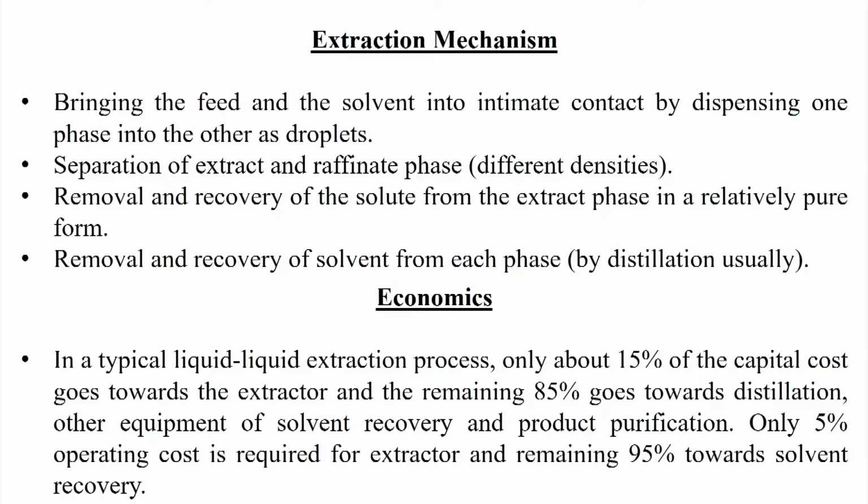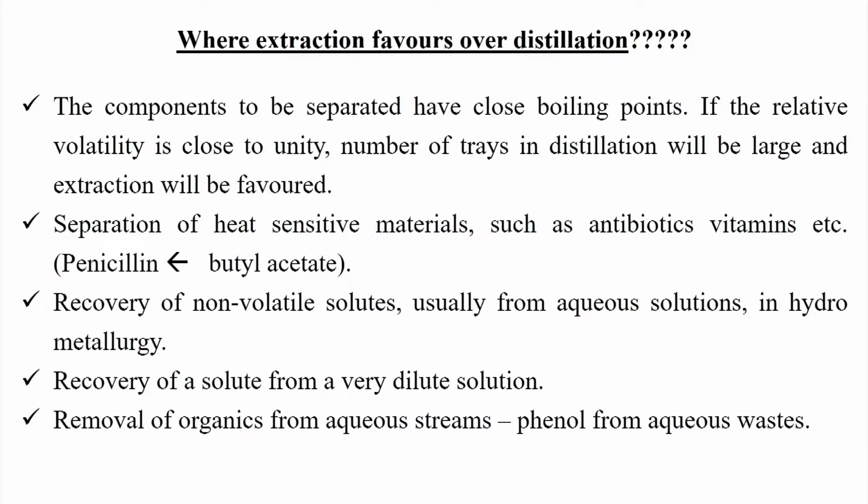So, we will be discussing where extraction is favored over the distillation process. There are many cases, but here we give some examples. The components to be separated have close boiling points, so using distillation we cannot separate these two components.